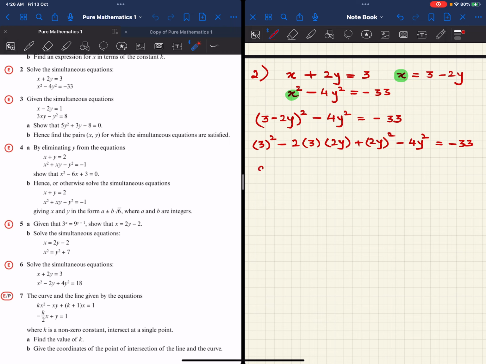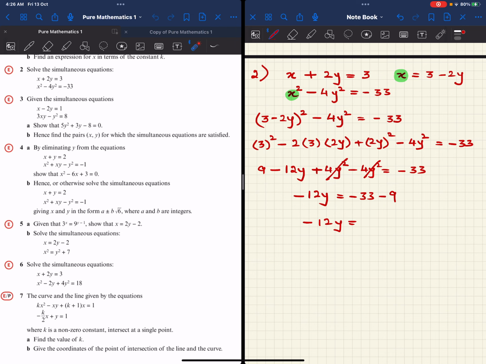So I have 9 minus 2 3s are 6, 6 2s are 12y plus 4y squared minus 4y squared is equal to minus 33. Cancel out the 4y squared minus 4y squared, and now I have minus 12y is equal to minus 33 minus 9.